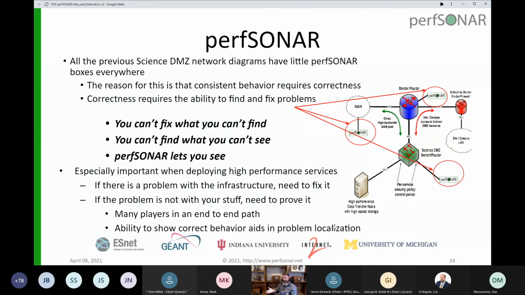It gives us a way to view the network in the way we couldn't before, because now we can start to look at the middle of the network, the far end of the network. We have visibility that we absolutely did not have before. Where before maybe the only thing we could prove out was our network. Our network works fine, and that's the only piece we need, or that's the only piece we could show, I should say.